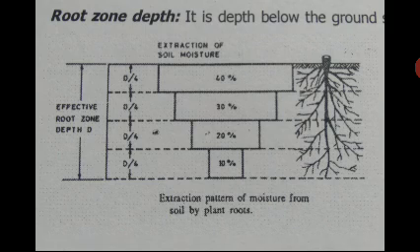Permanent wilting point. It is defined as the amount of moisture content present in the soil when the plants become permanently wilted. A plant is considered to be permanently wilted when it does not regain turgidity even after being placed in a saturated atmosphere. But it may, however, regain turgidity if water is added to the soil.